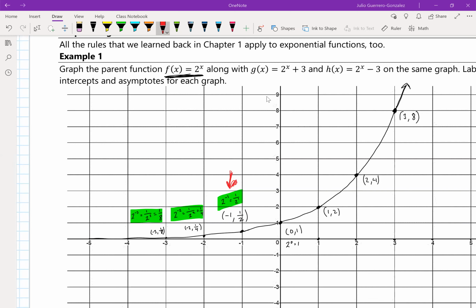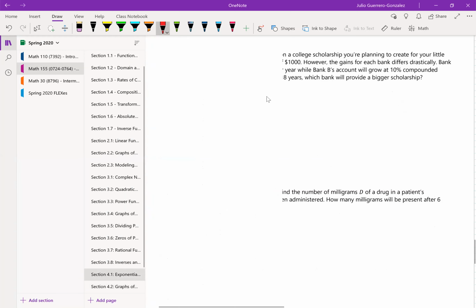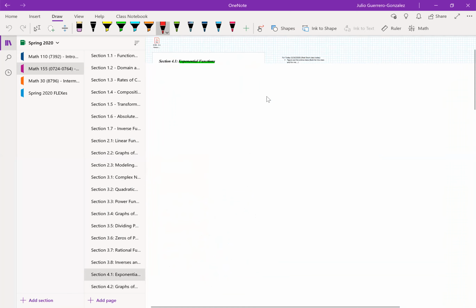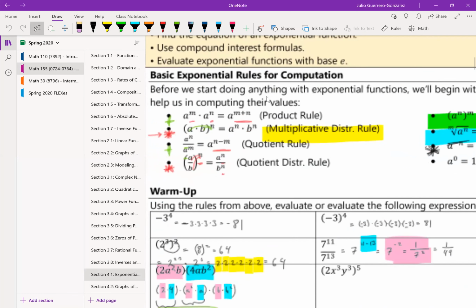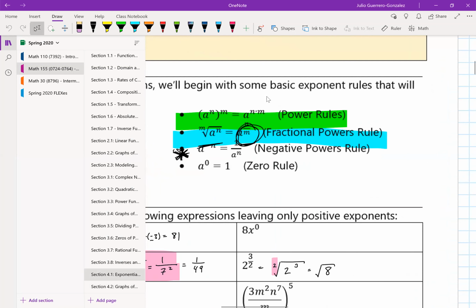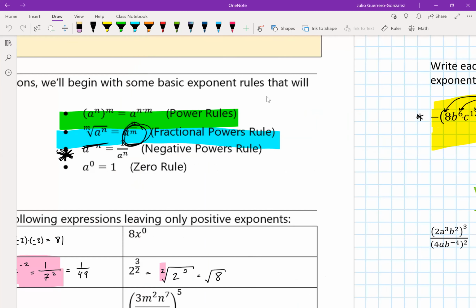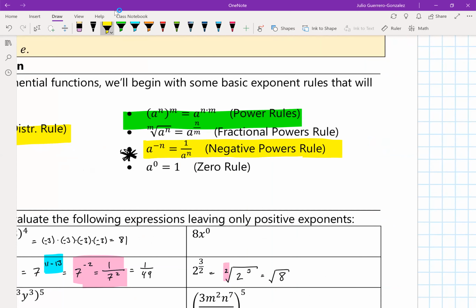Right. Let me do a flashback really quick. You guys remember all those rules? We are essentially using the negative powers rule, and we are using this rule right here to graph it.